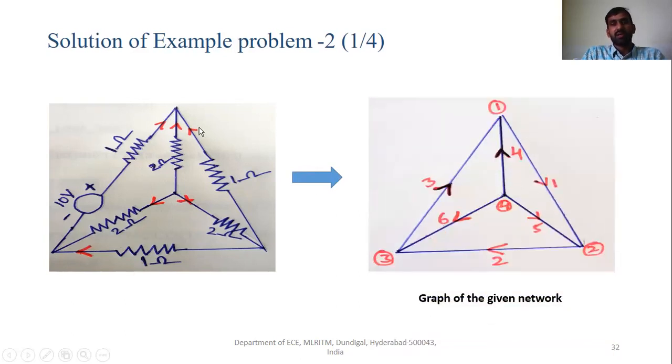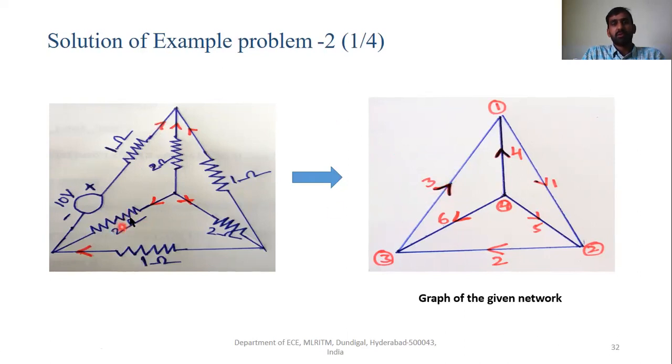Here, the 1 ohm resistor and the 10 volts DC source are short circuited, because one is a passive element and the other is a voltage source. As it is a voltage source, it is short circuited. And here the arbitrary direction is given as upwards. So the same arbitrary direction we have taken for this branch.